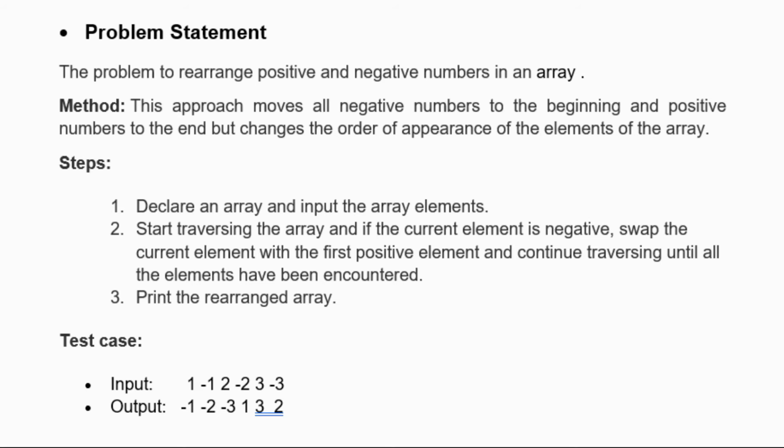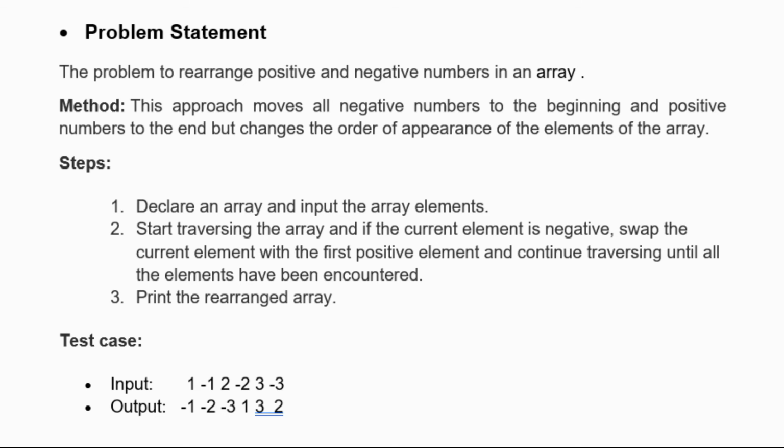So the steps say: first, declare an array and input the array elements. Second, start traversing the array, and if the current element is negative, swap the current element with the first position element and continue traversing until all the elements have been encountered.